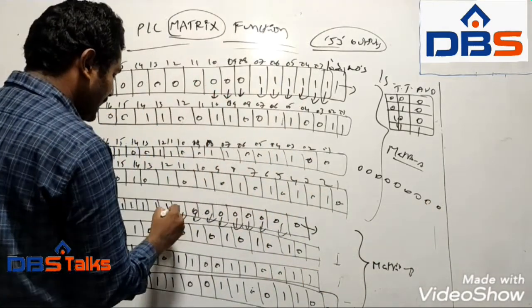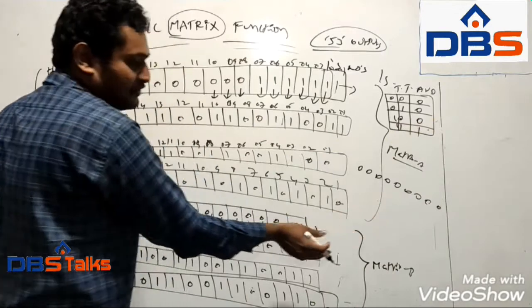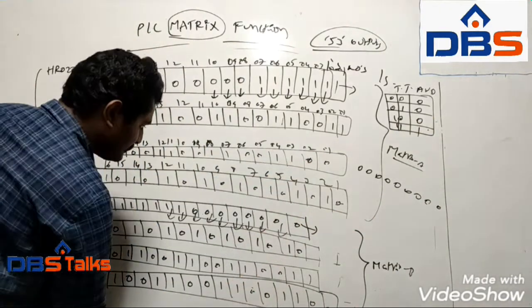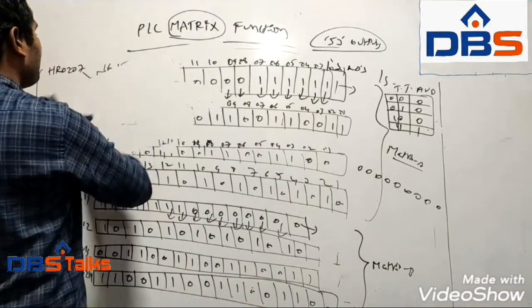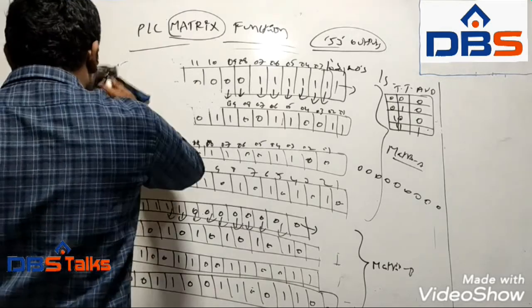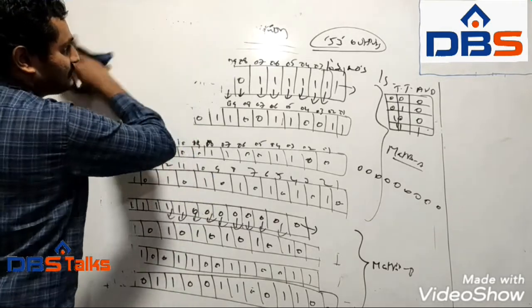Like this, by using the truth table we have to calculate the resultant matrix C. So this is the PLC matrix function we are using in PLC operation by using the matrix.